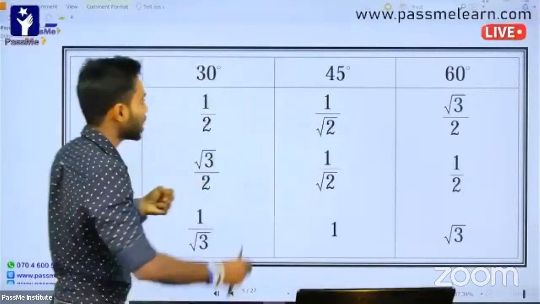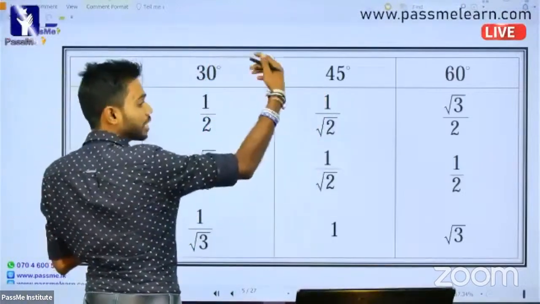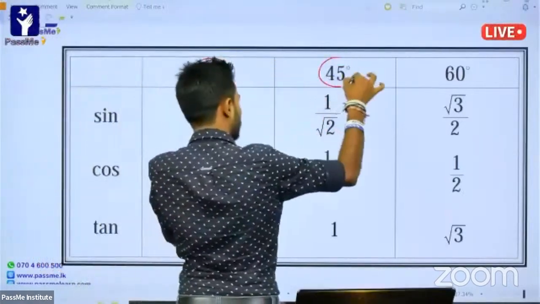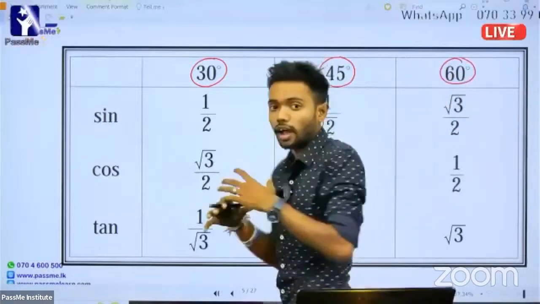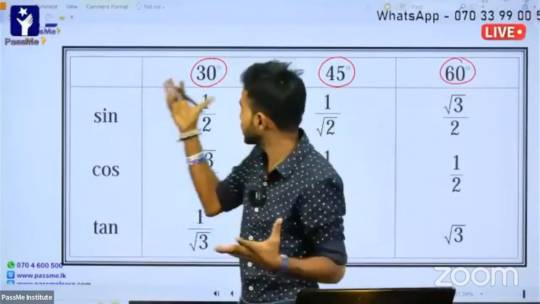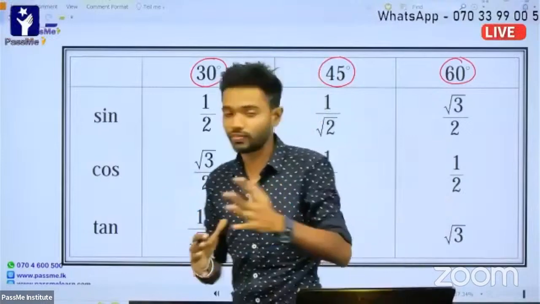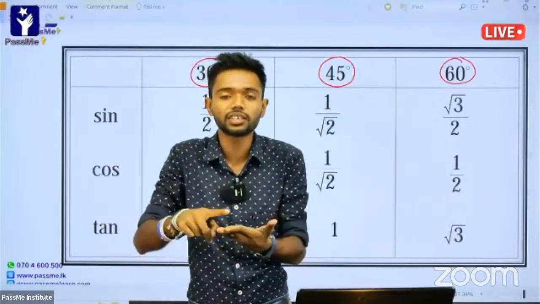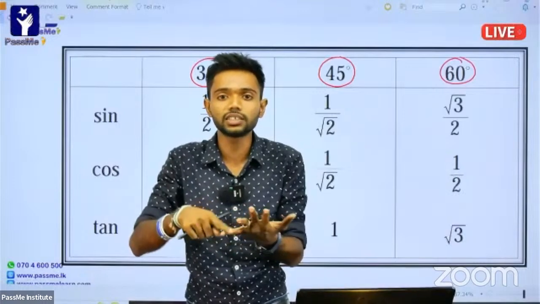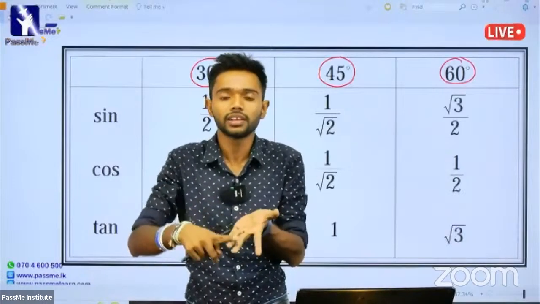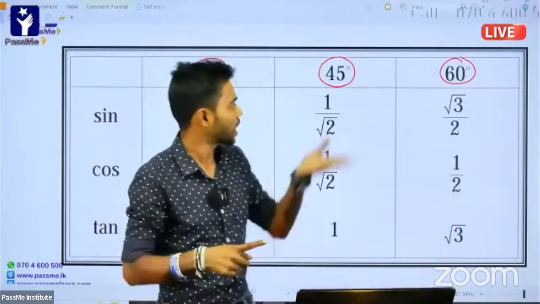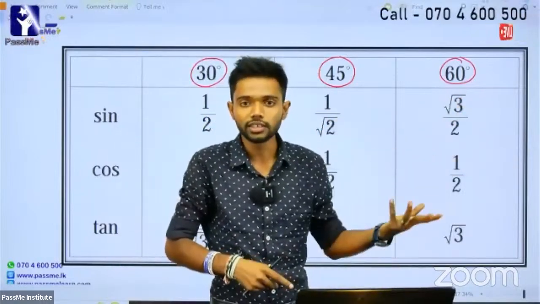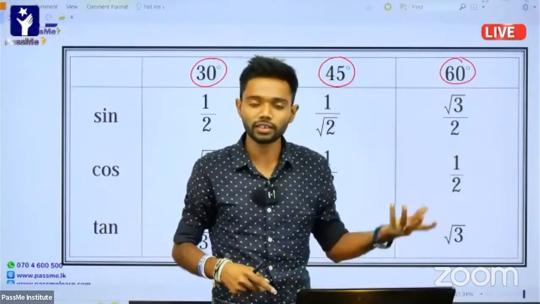But here I have listed the most commonly used angles: 30 degree, 45 degree and 60 degree. It doesn't mean that these are the only three angles. We have 1 degree, 2 degree, 3 degree, 4 degree, 15 degree, 25 degree, and so on, 65 degree, 75 degree, 90 degree, 100 degree, 120 degree.